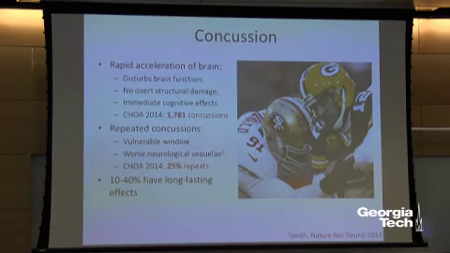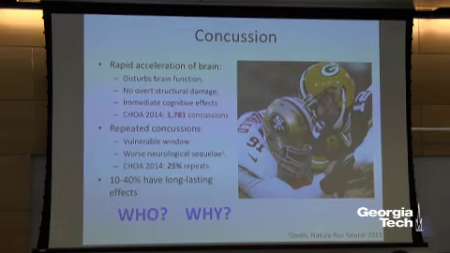Most patients recover fairly quickly and they're fine. But there are a significant number of patients, something like 10 to 14 to 40%, depending on literature reports, who have long-lasting effects. And I mean long-lasting, like a month, a year, maybe even longer. And so the question is, what is unique about these patients?